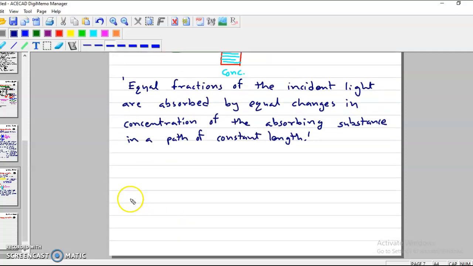Again, we represent this law mathematically like this: minus dI upon dc, here c stands for concentration, equals minus k dash I. This is equation number 6, where c will be the concentration of the solution.